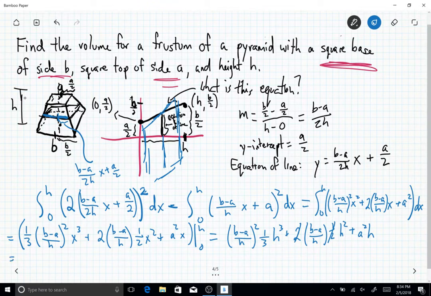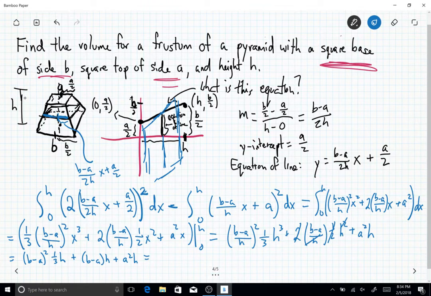But when you look at it, this is going to have an h squared. And so what you're left with is you'll have a b minus a, the quantity squared, times 1/3 h. Then you'll have plus this h squared. The square will cancel off with that h, and you're left with b minus a, the quantity h, times the quantity h there, and then plus a squared h.